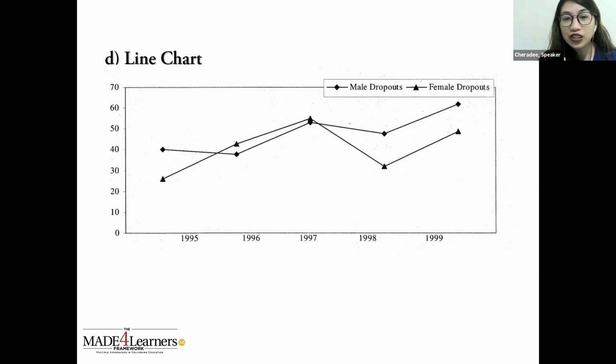As you notice, this one is in years. So if you want to compute the rise and fall of your sales in terms of months, then you can use a line chart. In terms of, let's say, decades, usually what we survey is just 5 years of data. So in years, you can use a line chart.